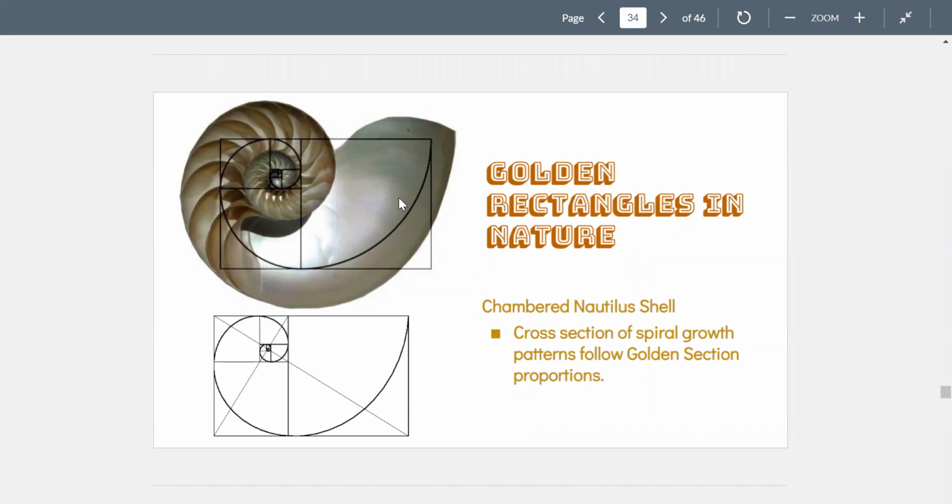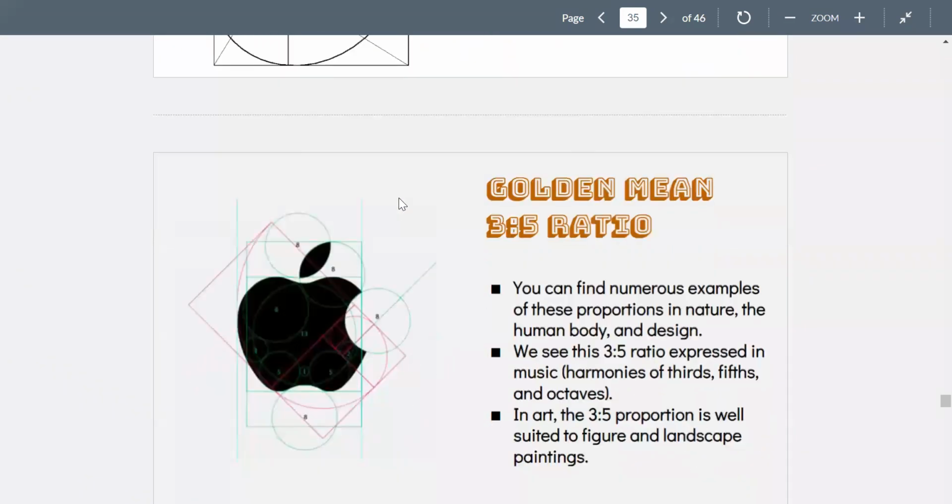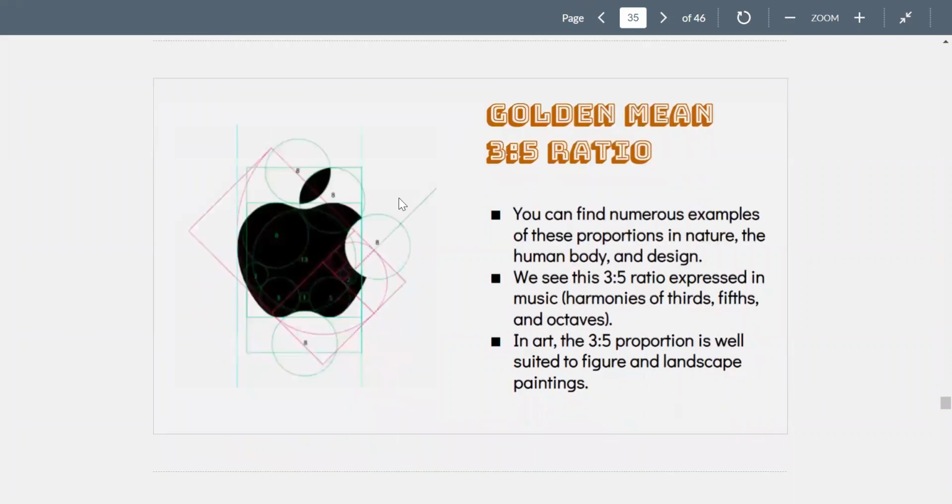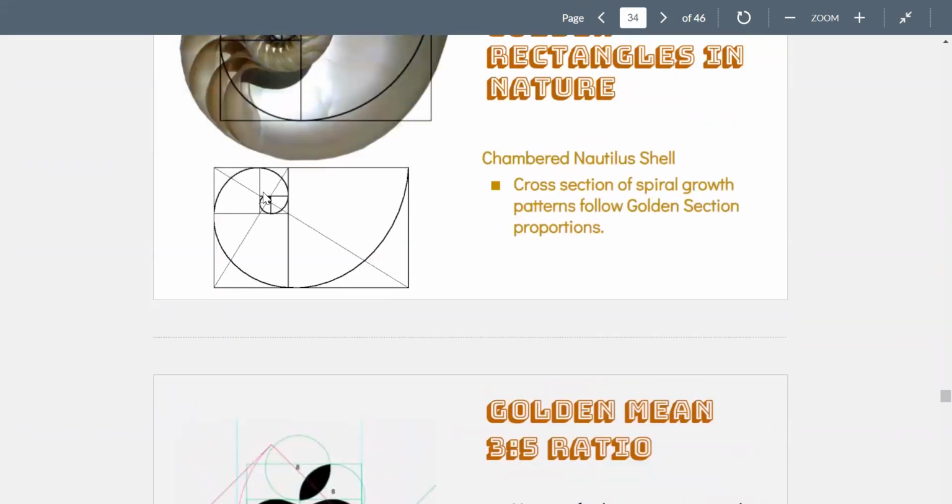See some of the logos that have been done using the golden ratio and these principles. This is the Apple logo. So these circles, you think they are just coming out of nowhere? No. What he has done is, he takes this part of it and makes a circle, and takes this part and makes a circle.